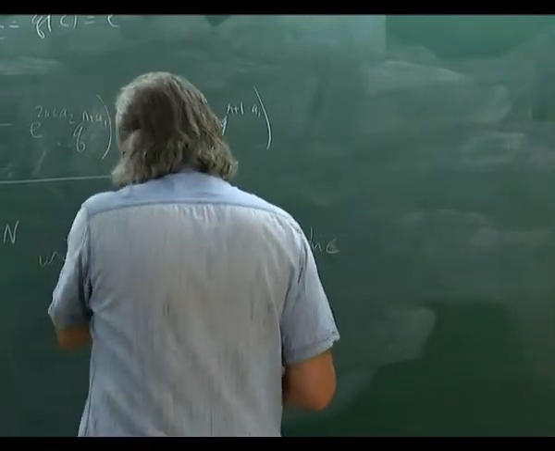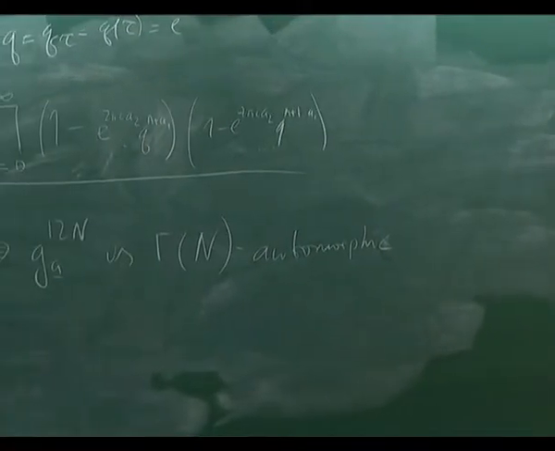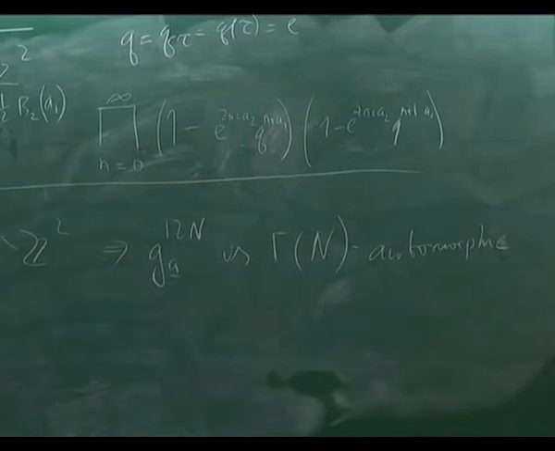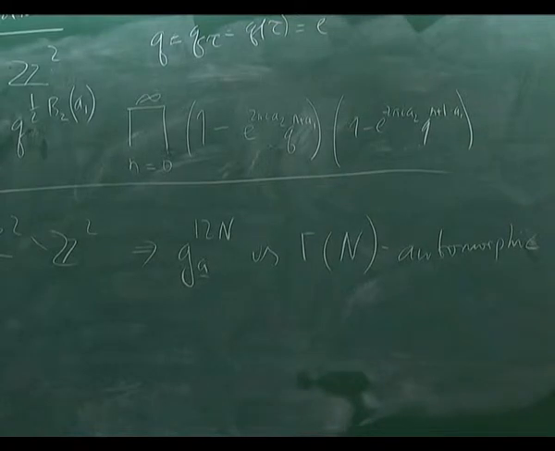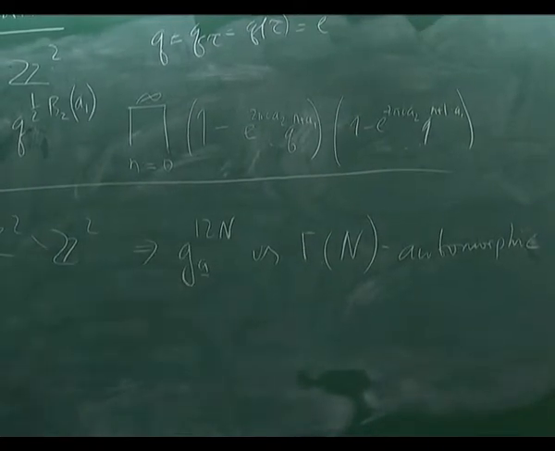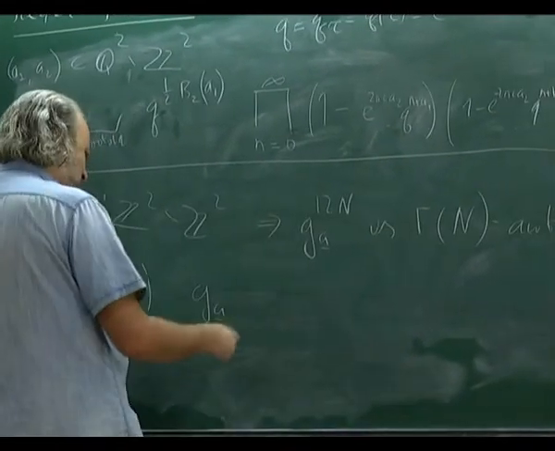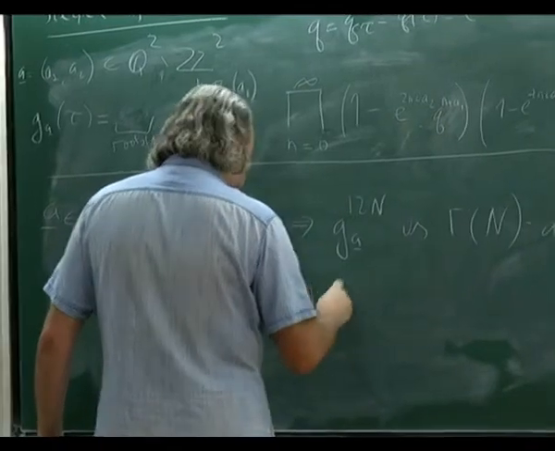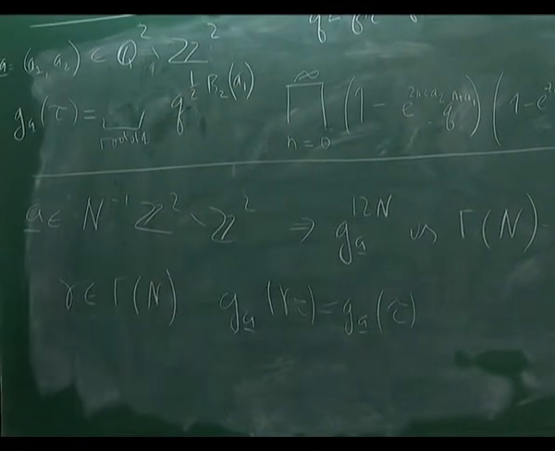So it is an automorphic function, not an automorphic form. It's a modular function of weight 0 with respect to the group Gamma(n), which means that for gamma in Gamma(n), we have g_a of gamma tau equal to g_a of tau. Yeah?